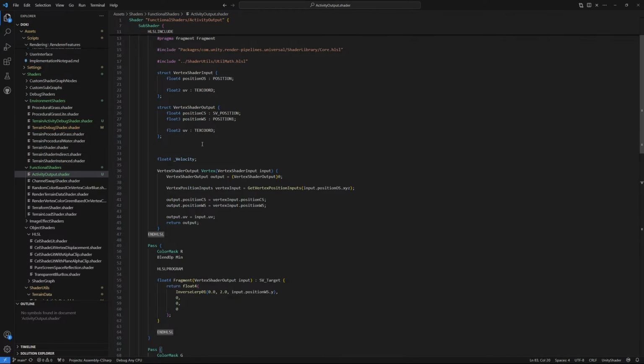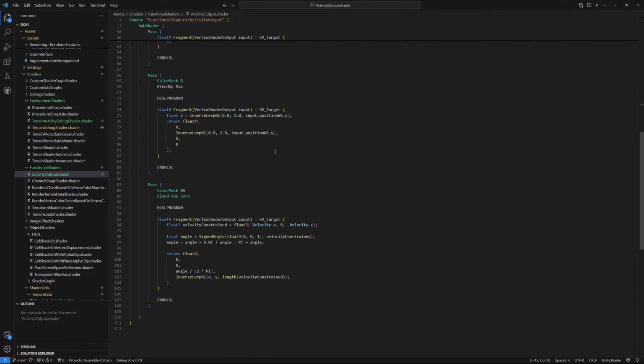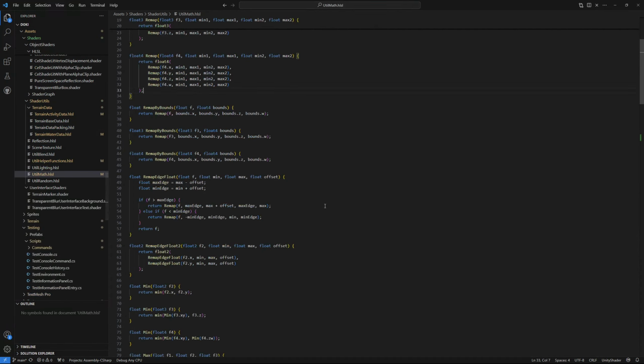Yeah, so we're gonna do float to velocity range, float to height range, inverse lerp 0-1.